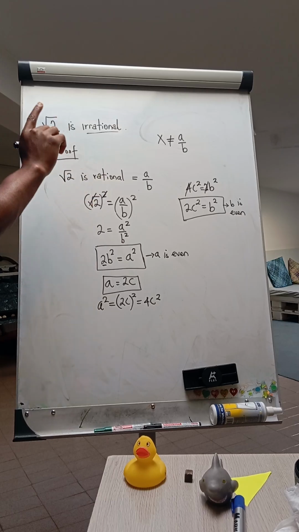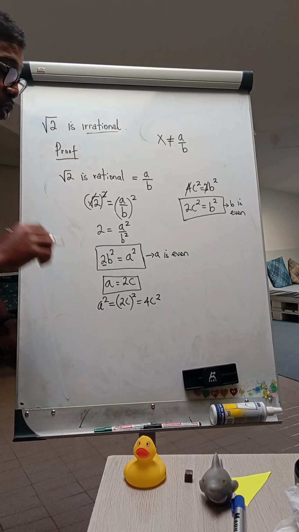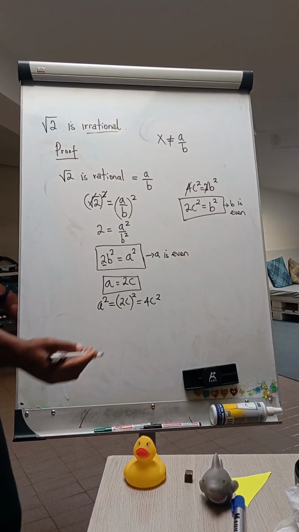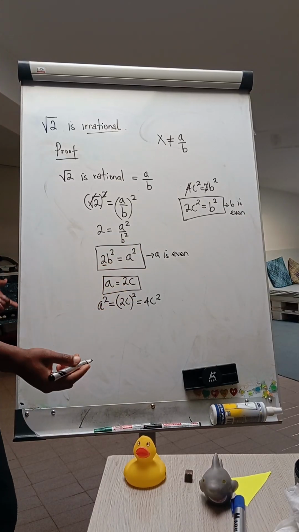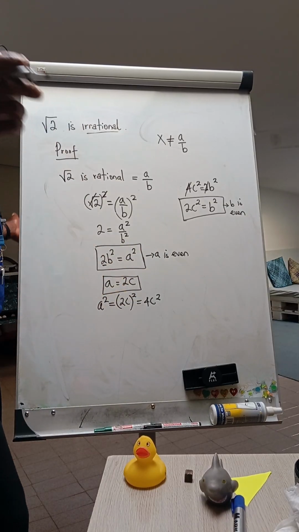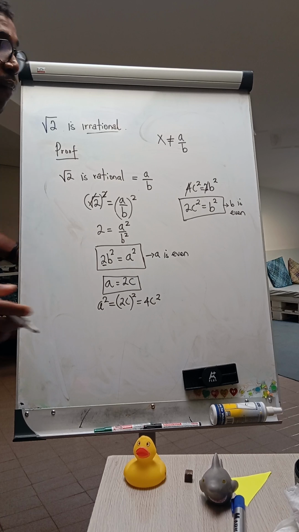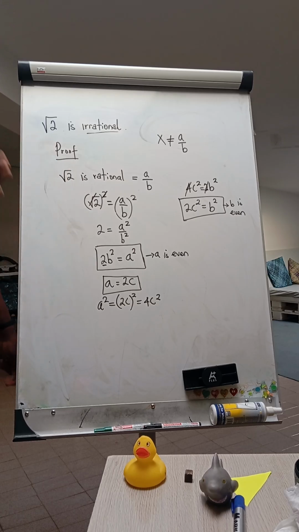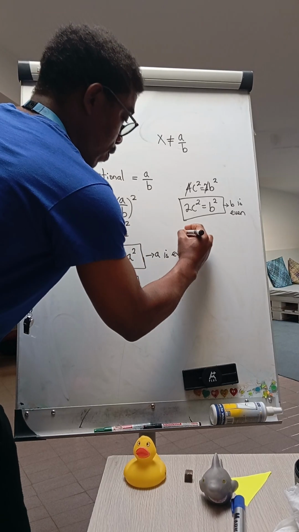If that was our assumption, and we are obtaining two even numbers, a being an even integer and b also being an even number, say 4 over 2, these contradict our initial assumption.